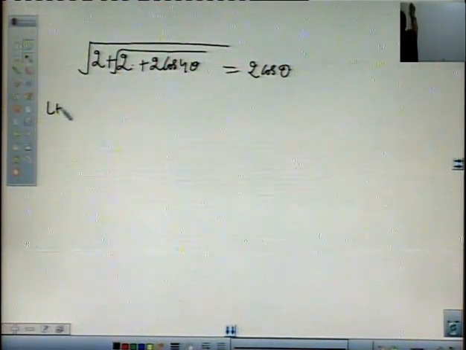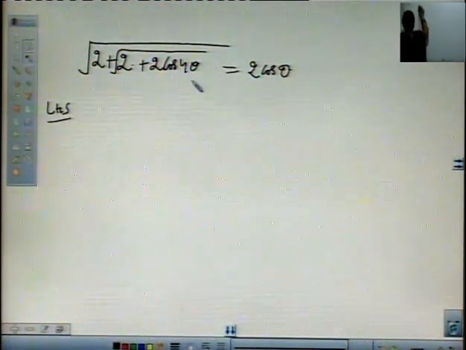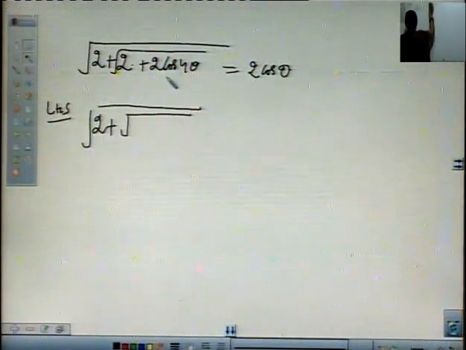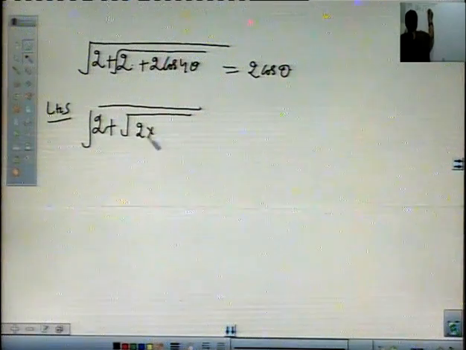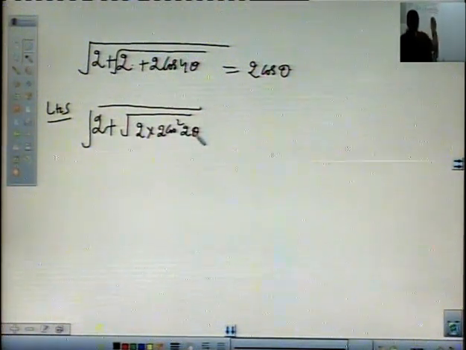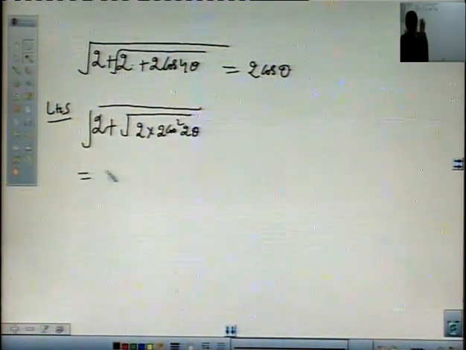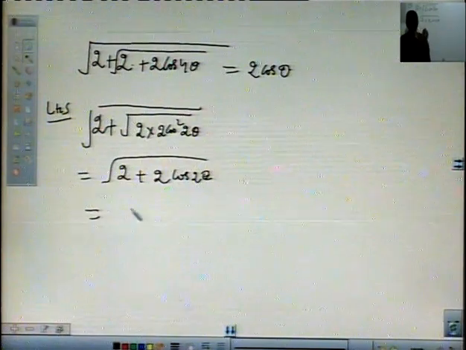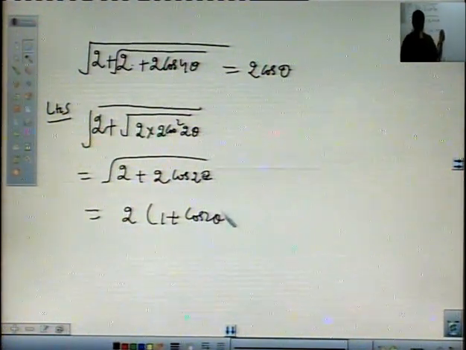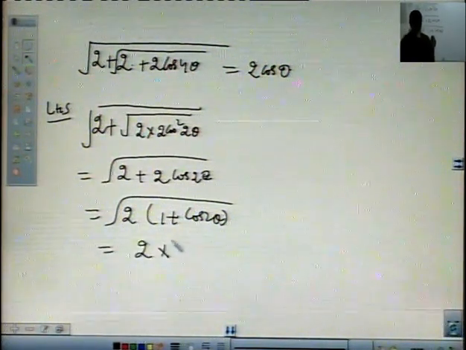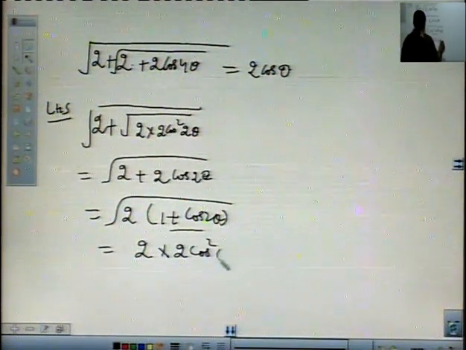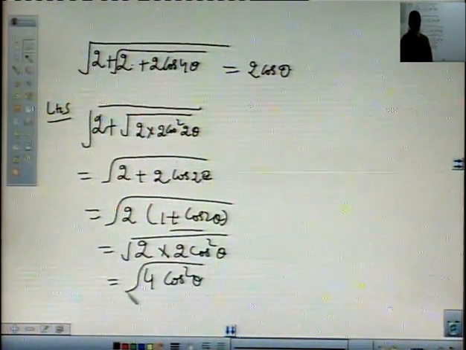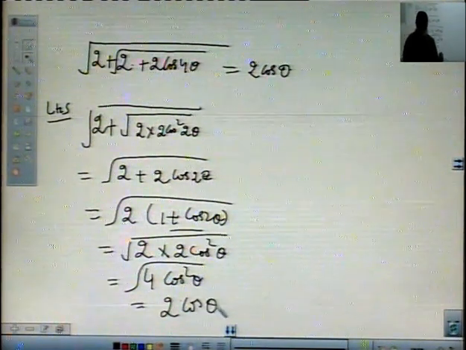First of all we take only the left hand side. 2 plus 2 cos 4 theta is equal to 2 plus 2 cos square 2 theta, and it will be equal to 2 plus 2 cos 2 theta, which is 2 times 1 plus cos 2 theta under the root, and 1 plus cos 2 theta is 2 cos square theta, so it will be equal to 4 cos square theta. By taking the root we get 2 cos theta.